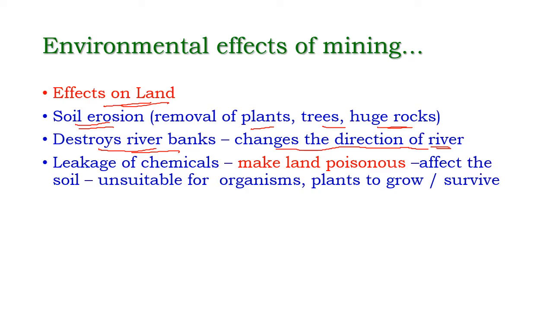And then leakage of chemicals from the mining area makes the land poisonous. So this poisoning affects the soil of the area, and the soil becomes unsuitable for organisms and plants to grow or survive.